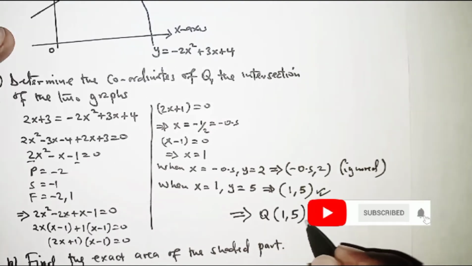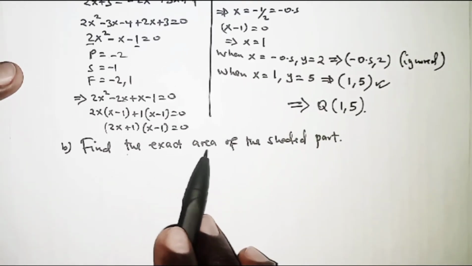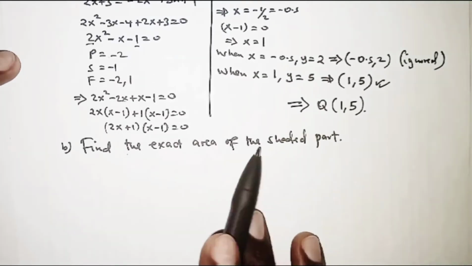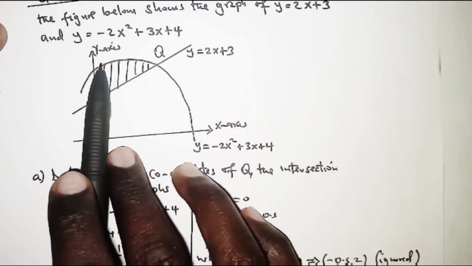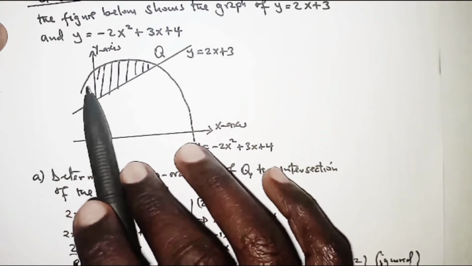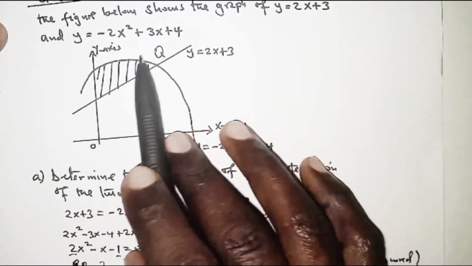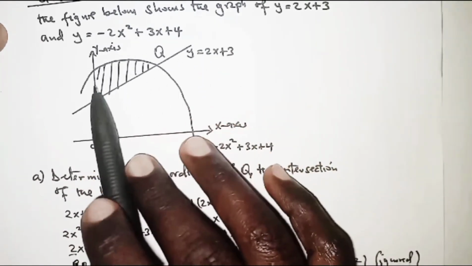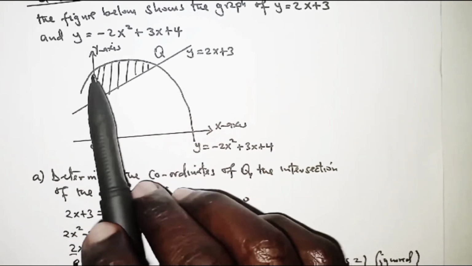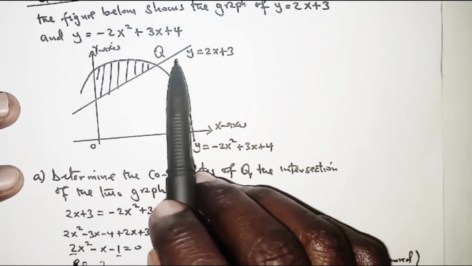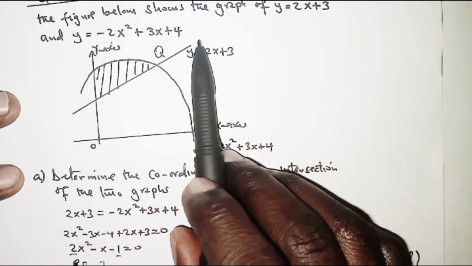Finally, for part B, find the exact area of the shaded part. In order to get the area of the shaded part, we have the curve, the straight line and the y-axis enclosing the shaded region. So we are going to get the area under the curve, and then we subtract the area under the straight line.